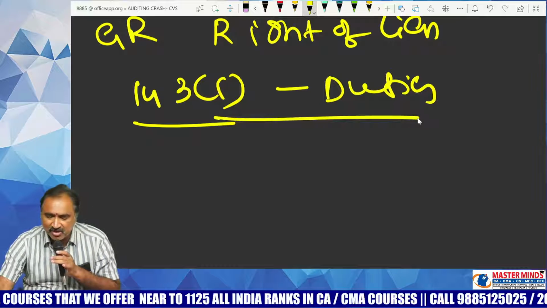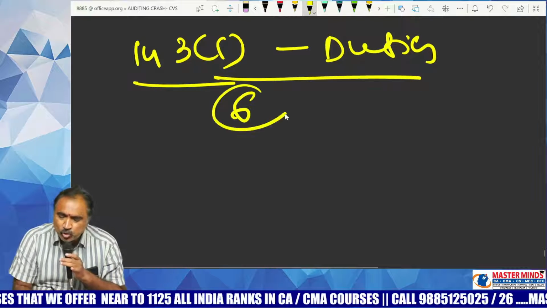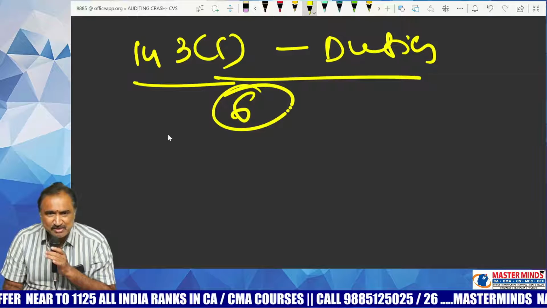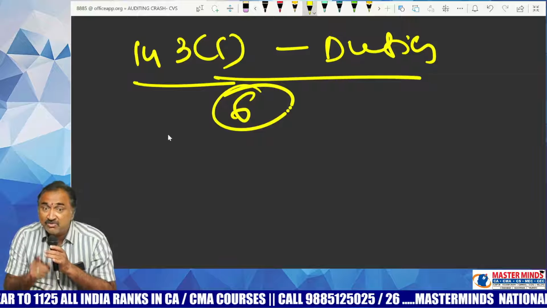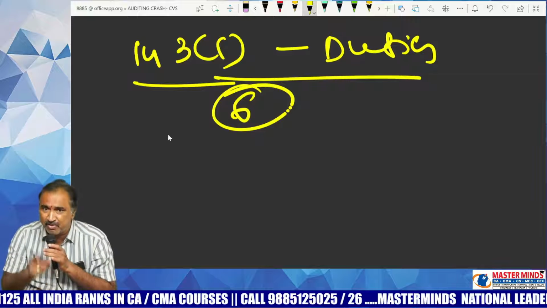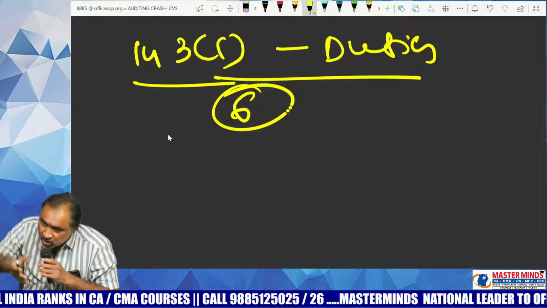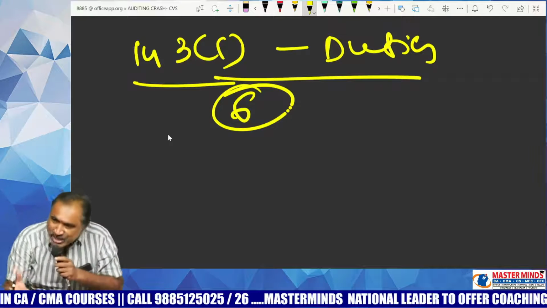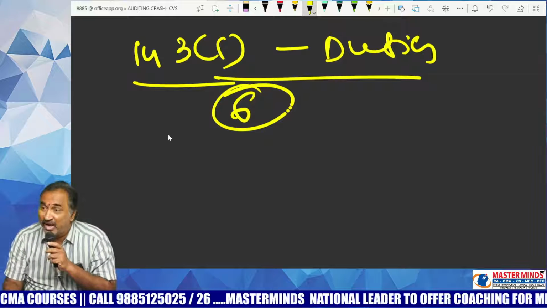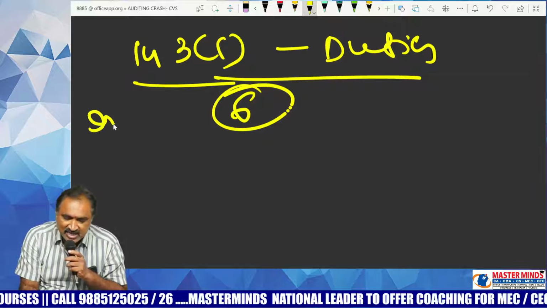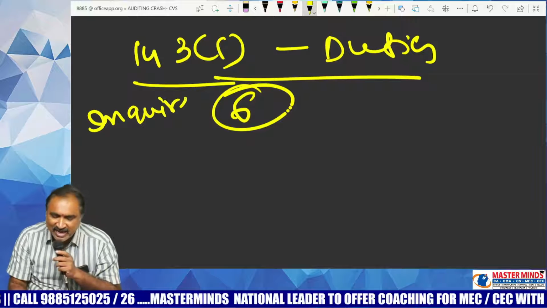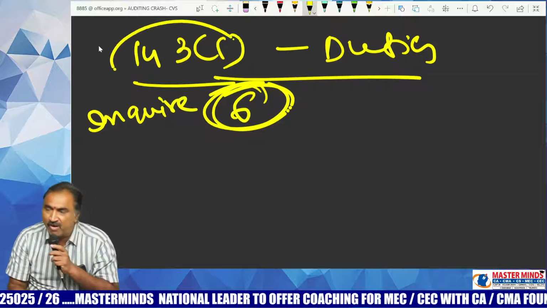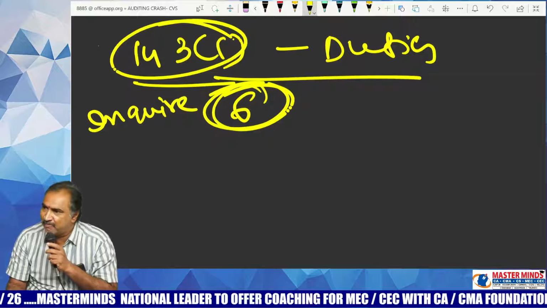Under section 143 subsection 1, there are 6 duties of the auditor. That means whenever you are appointed as the auditor of a company, you must check, you must verify, you must inquire into 6 aspects under section 143 subsection 1 of the Companies Act.